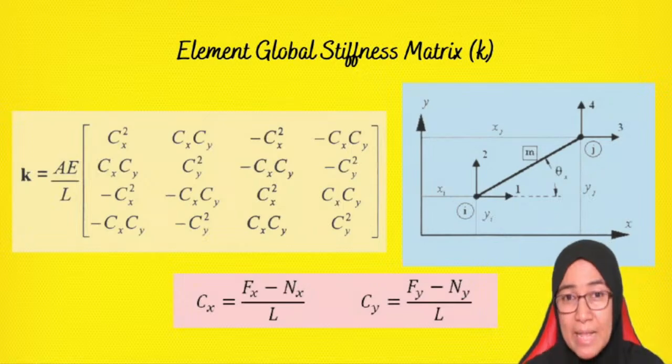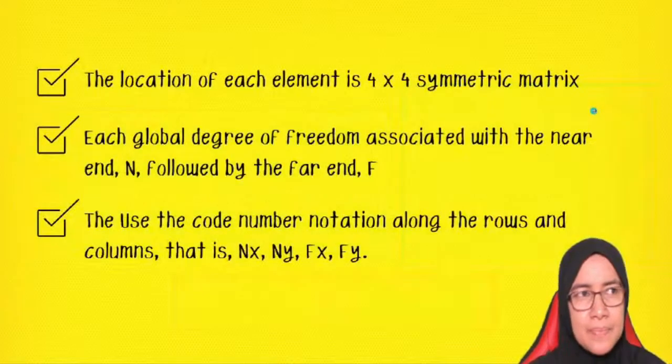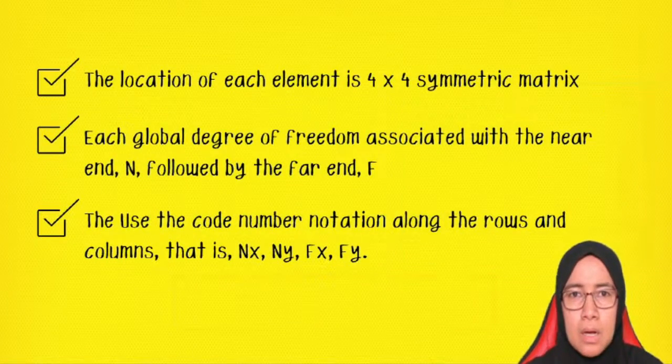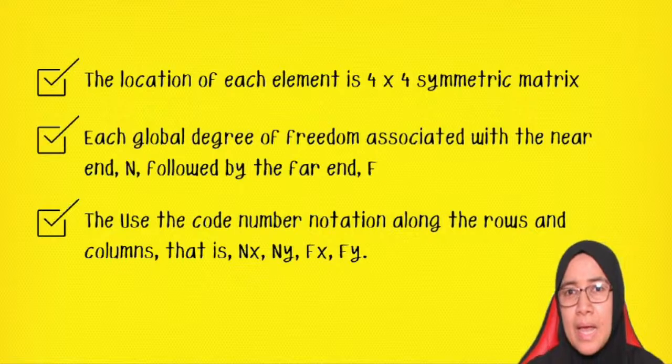We use the coordinates to calculate Cx and Cy. The element stiffness matrix is a 4 by 4 symmetric matrix. Each global DOF is associated with the near end followed by the far end.